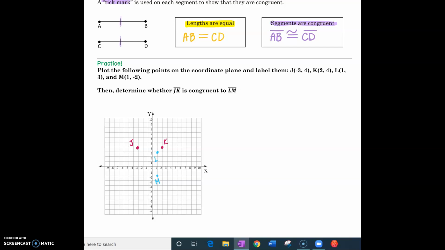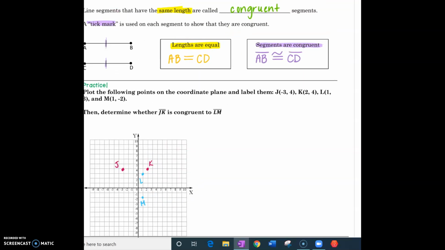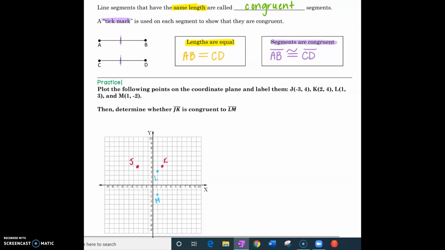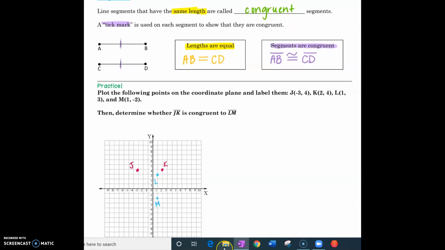So they want us to find the length of JK and the length of LM and see if these segments are congruent. So here, because we have a horizontal line, we can just count the distance or the length between the two points. So from J to K, we have 1, 2, 3, 4, 5 units.